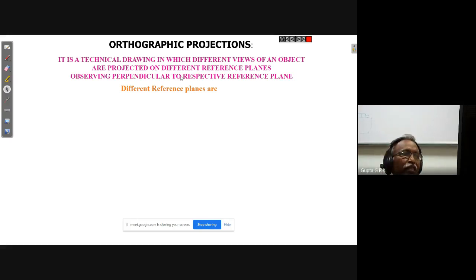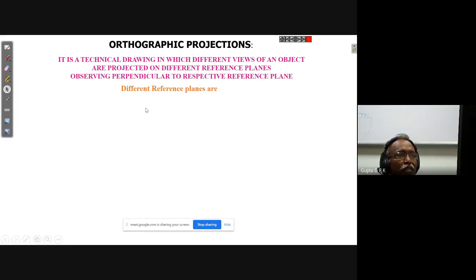We will have a plane, like a mirror, and I keep an object in between and stand on this side. When I see the object, I see the reflection of it on the reference plane. I see perpendicular, because my rays intercept the object and continue to the plane or the mirror, where I see the image. So these rays are perpendicular to the reference plane. That's why it is called orthographic projection.